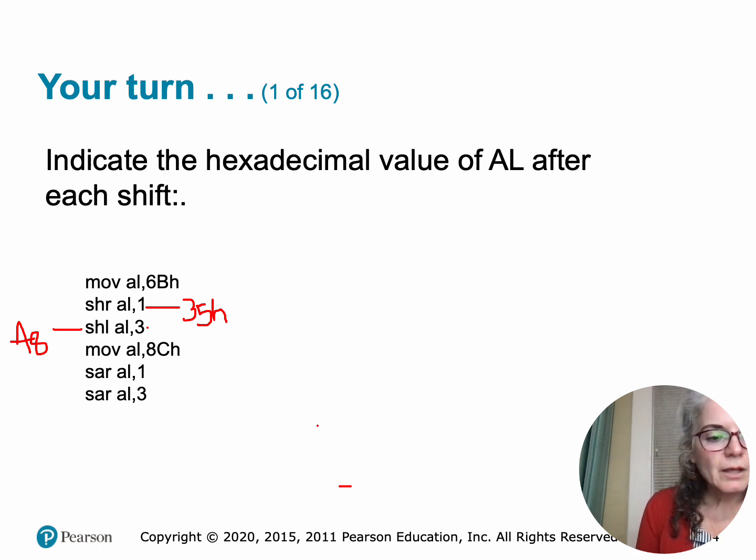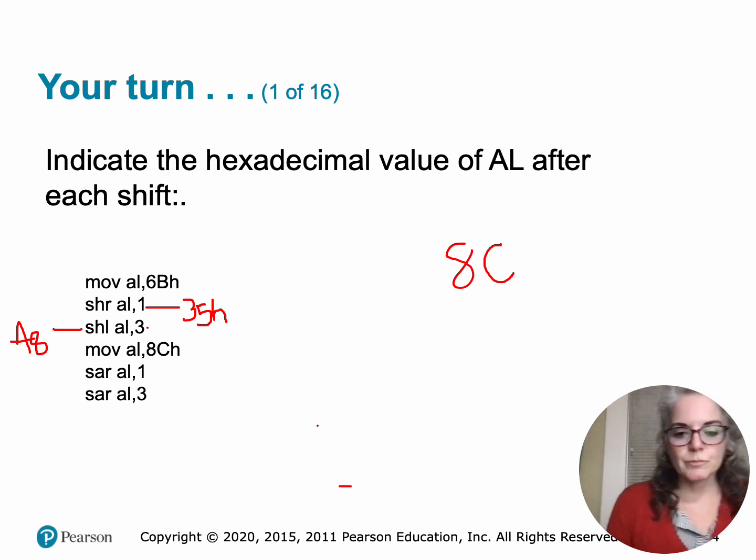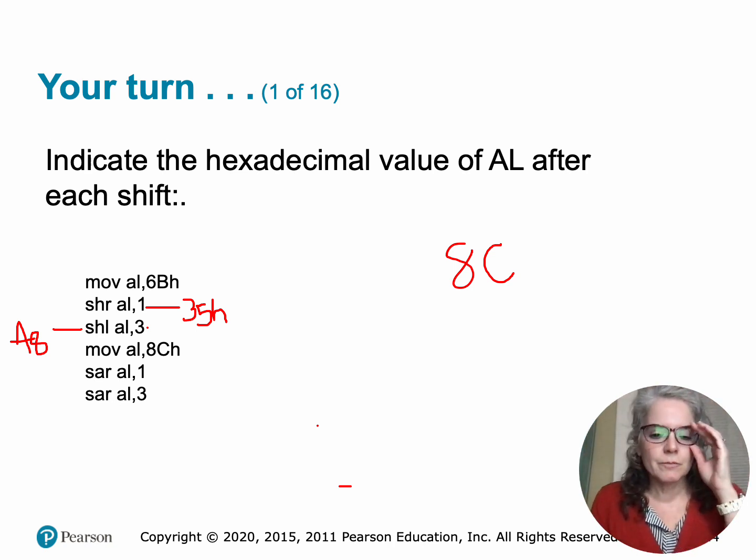So we have 8C. Lots of practice here, converting to binary and to hex. So A, B, C is 10, 11, 12.